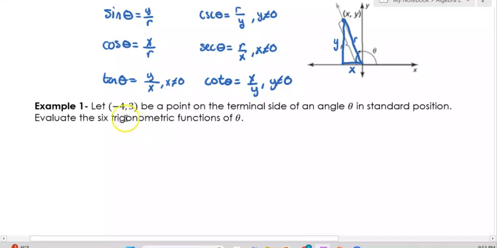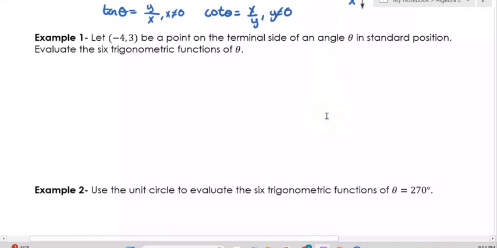Okay. It says, let -4, 3 be a point on the terminal side of an angle in standard position. This is not necessarily a unit circle, because -4, 3 does not necessarily end up with a radius of 1. So this is just a circle, not the unit circle. Okay, so -4, 3 would be right here, and it's a point on the terminal side.